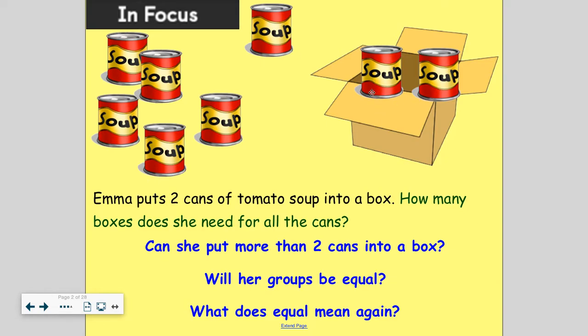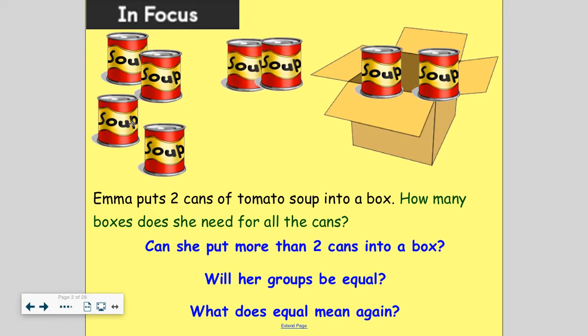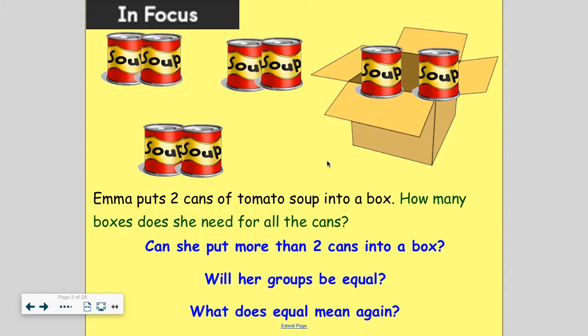We already have a group of 2, so we need to make some more groups of 2 until all of the cans of soup have been used up. There's another group of 2. Here's a group of 2. There's a group of 2. There's no cans left over, and I can see all of those groups are equal.